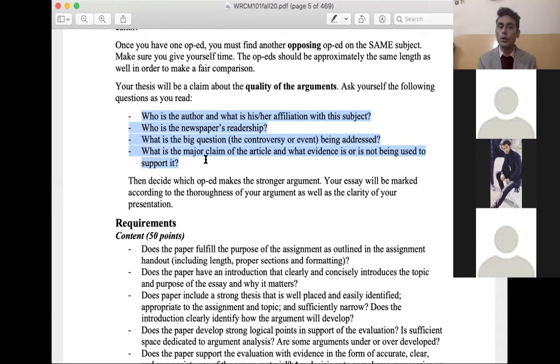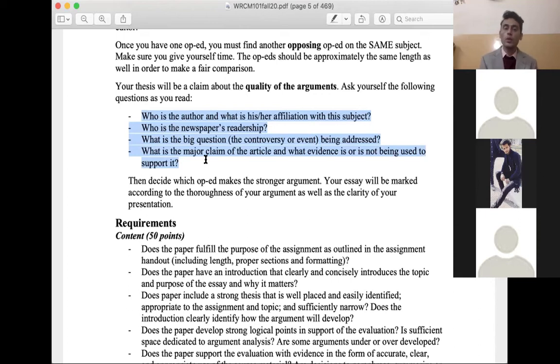Who is the author? What is his affiliation with the subject? Who is the newspaper's readership? What is the big question, the controversy or event which is being addressed in that particular editorial that you are reading? Is the article about human rights?